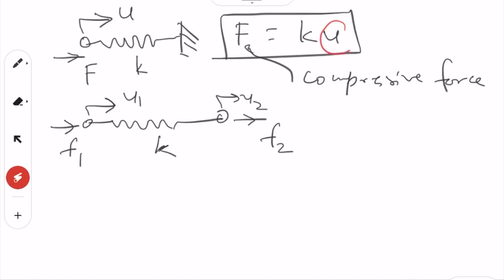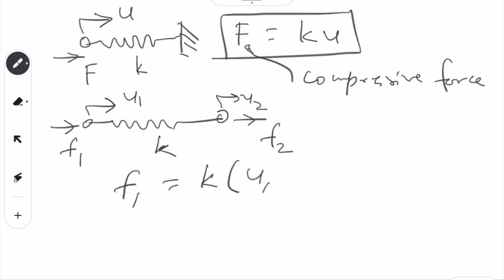So if you relate to here, u minus 0 will be equal to u1 minus u2. So we are relating basically. This equation we can write here as f1 is equal to k times u1 minus u2.